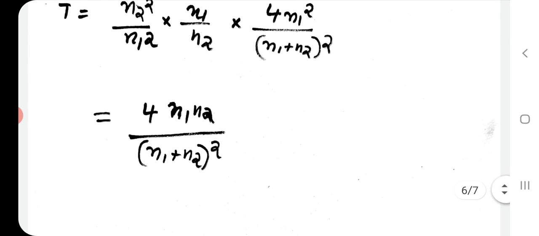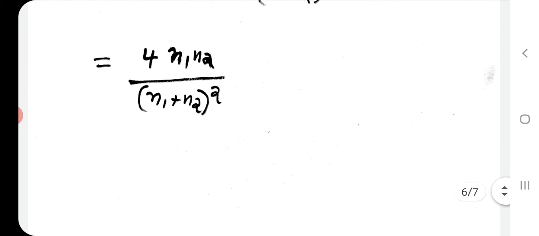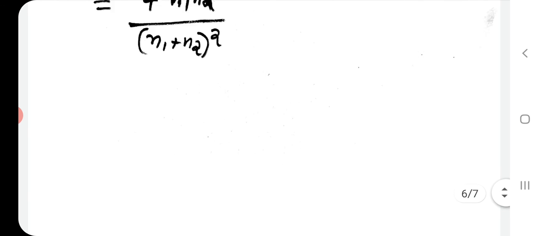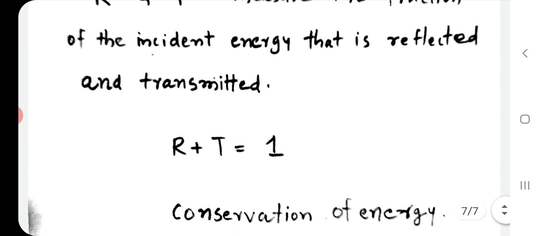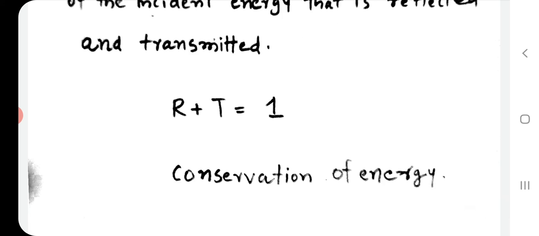We can see that we will get 1, because both in the numerator and denominator we will have (N1 plus N2) square. Quite expected, because of the conservation of energy. When a wave is incident on an interface, a part of it is reflected and the remaining part is transmitted. So R plus T should be equal to 1 to conserve the energy.